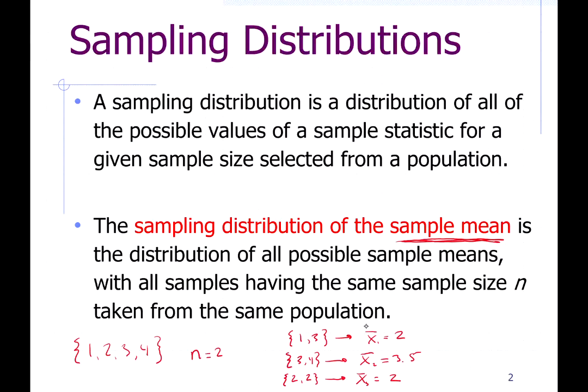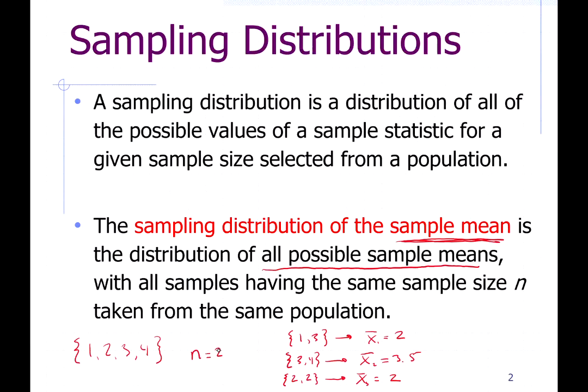Now the sample distribution of the sample mean is what we get when we get all possible sample means. So every possible sample of size 2, I only have 3 of them here, but there's more possible samples. There's actually 16 of them because we have 4 options for the first number in our sample and 4 options for our second number. 4 times 4 is 16. So there's actually 16 possible sample means.